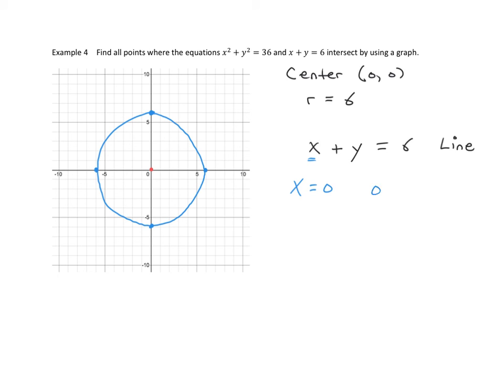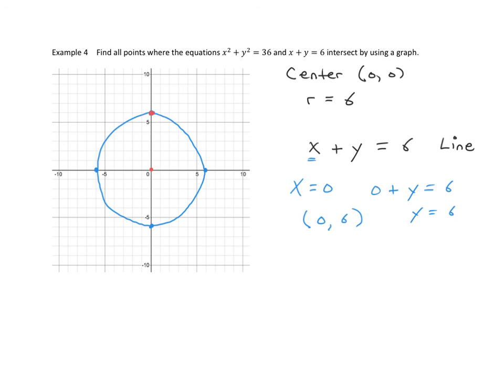If you do that, you actually just get that y is equal to 6. This means the point (0, 6) is the y-intercept of this equation. But that's actually this point right here. So there's the point (0, 6). This point is common to both the circle and the line itself. That's going to be one of the answers to this question.